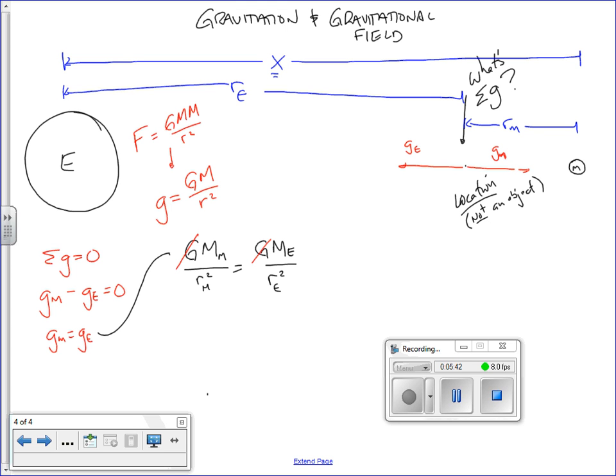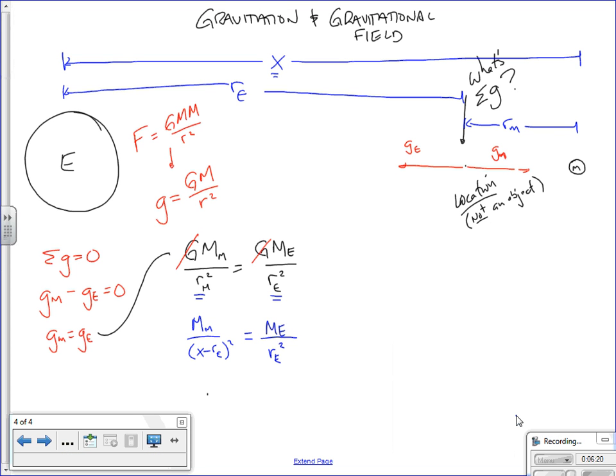So instead of writing this as two different unknowns, we're going to knock it down to one unknown. Let's figure out how far from the Earth this point is. We can write this side still as mass of the Earth over r Earth, and this one as mass of the moon over x minus r Earth. That allows us to go from two unknowns down to one. Our only unknown is how far from the Earth, r E.